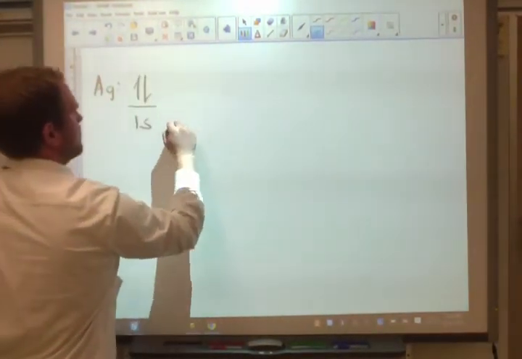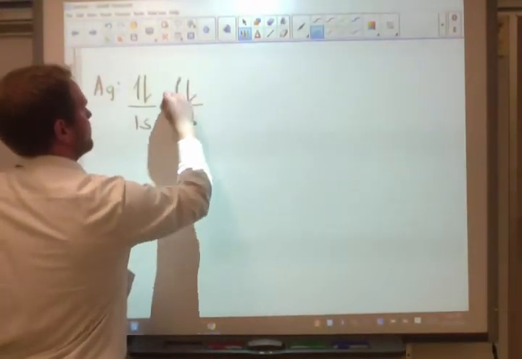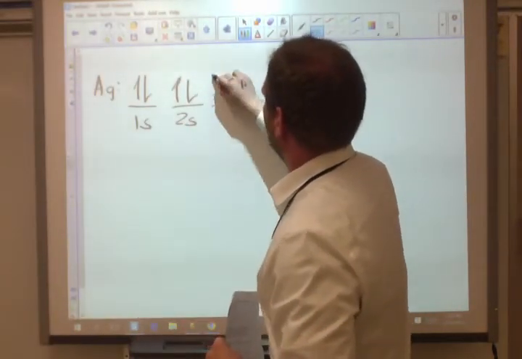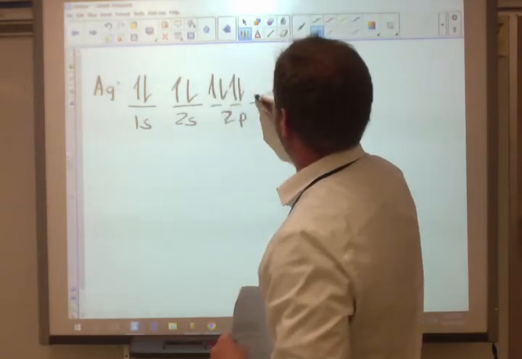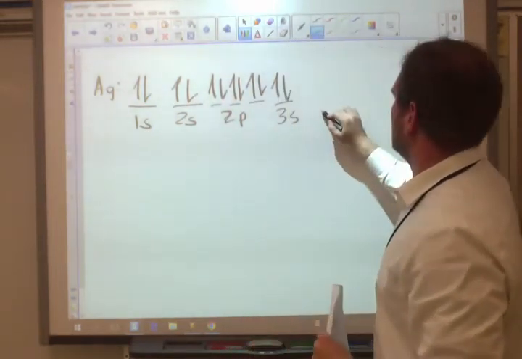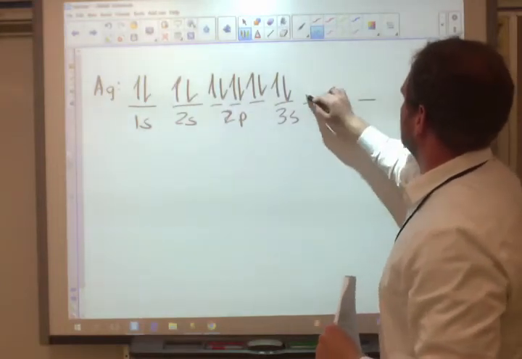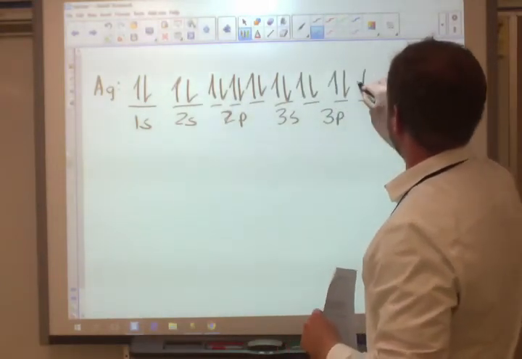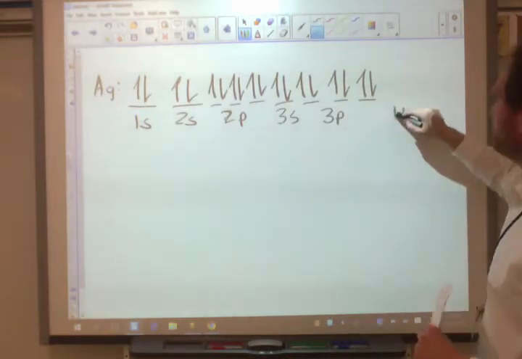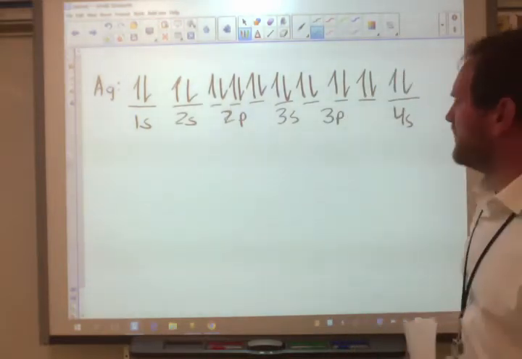1s is filled. 2s is filled. 2p is going to be filled. 3s filled. 3p is filled. I broke my own rule there. I should have gone 1, 1, 1. 4s is filled.